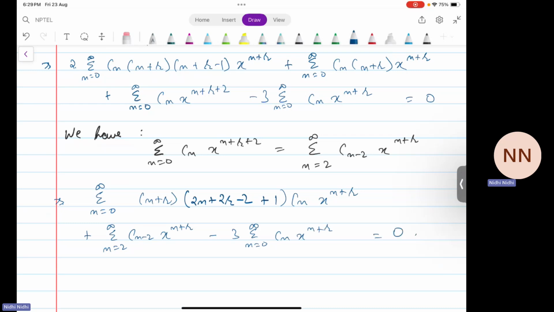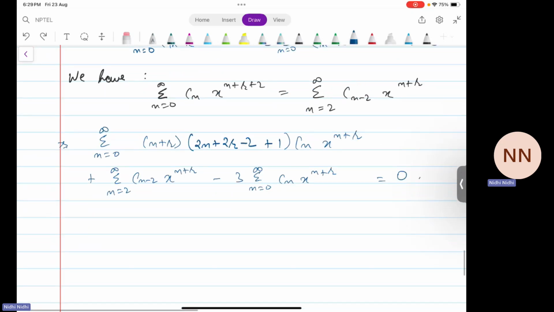Now here, except for this term, the rest of the terms have sum from 0 to infinity. So we'll just take the first two terms of both the series outside, and the rest of the sum would be from n equals to 2 to infinity.